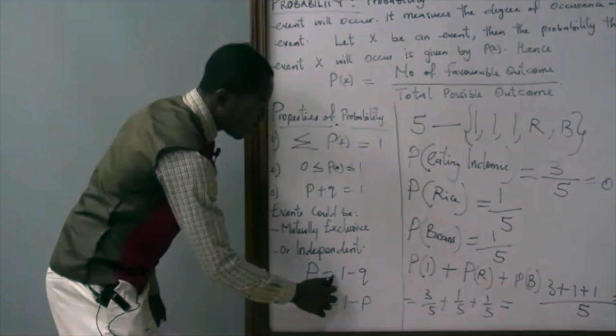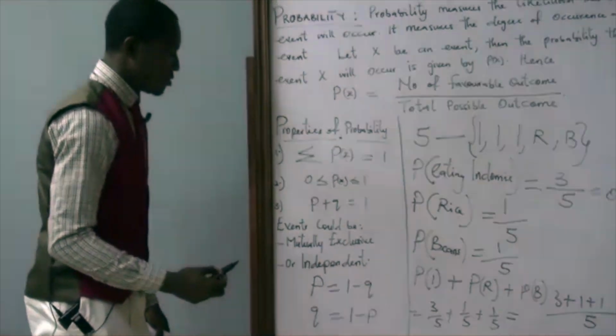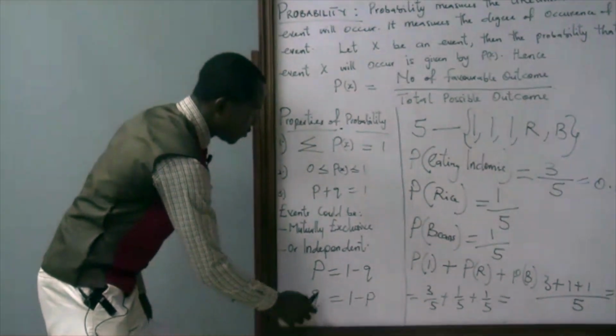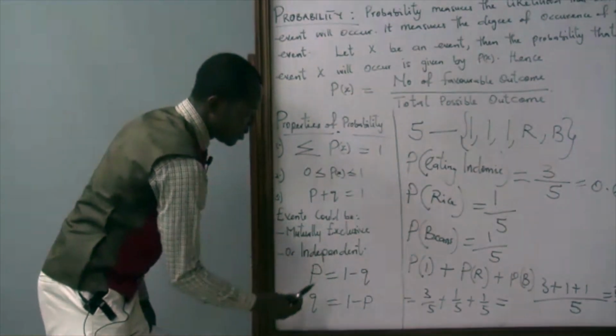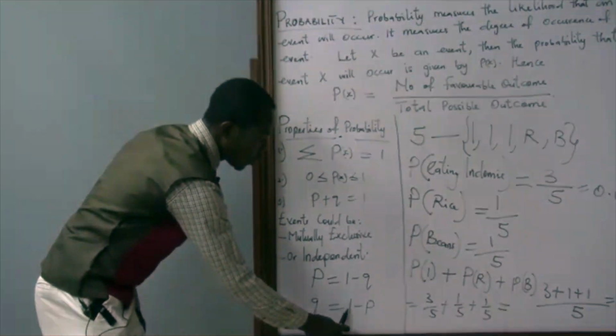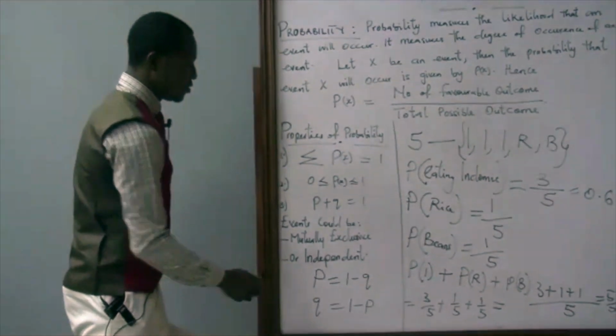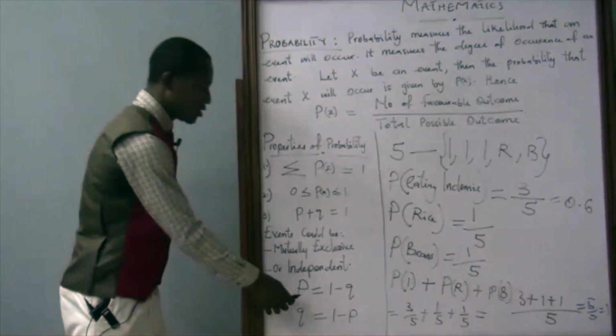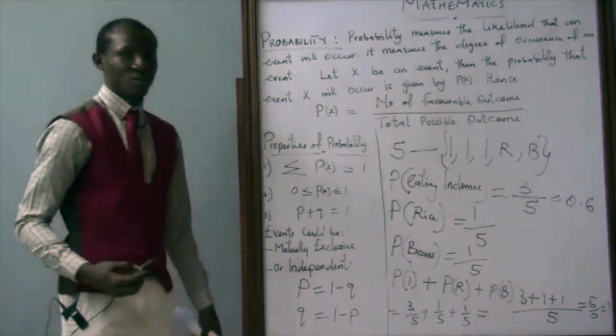We have P equals 1 minus Q. And also, if I'm looking for Q, I take P to the other side. I have Q equals 1 minus P. So this will help us when we get to events that have to do with this.